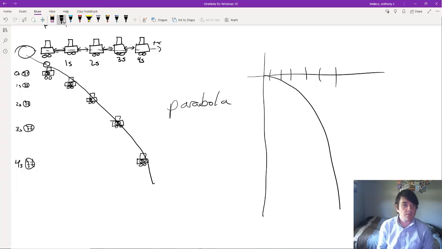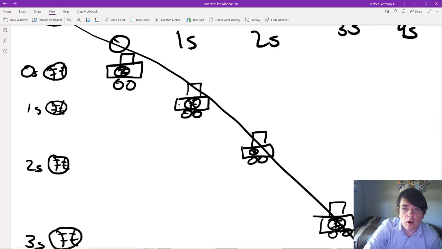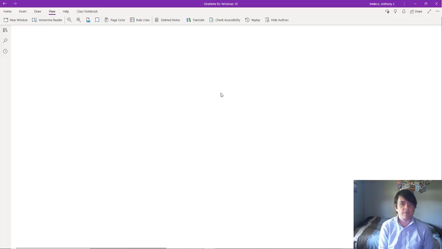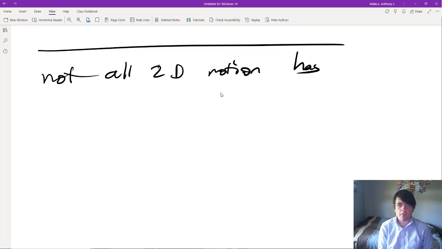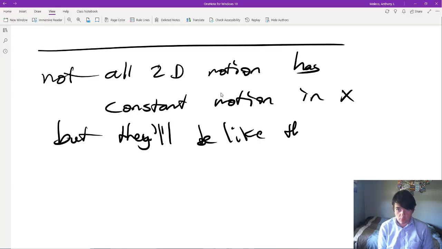Now, do keep in mind that not all 2D motion has to be constant in the x, but they'll be like that for us, for the most part.